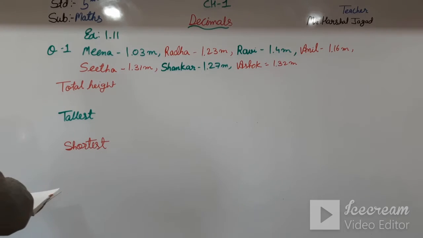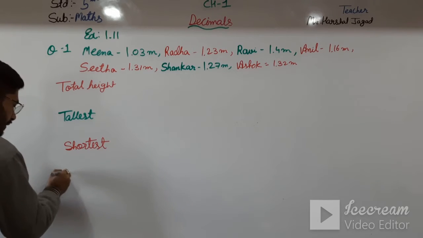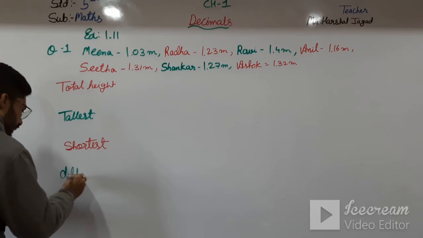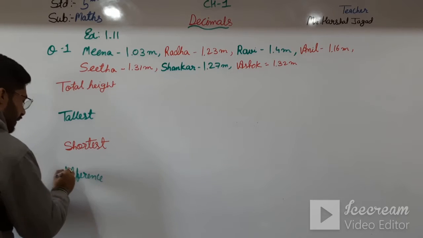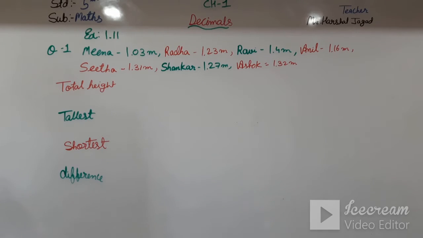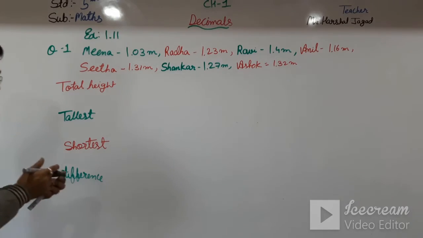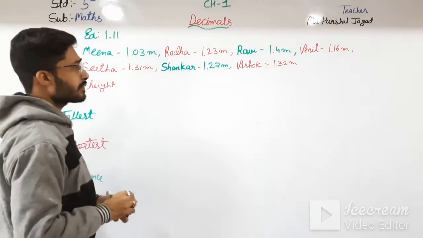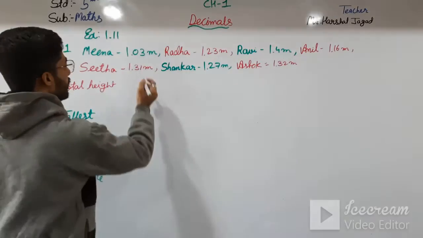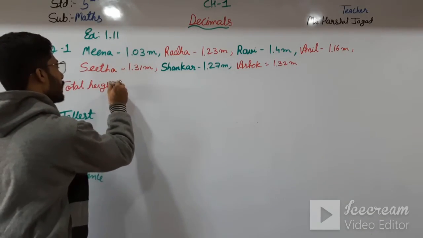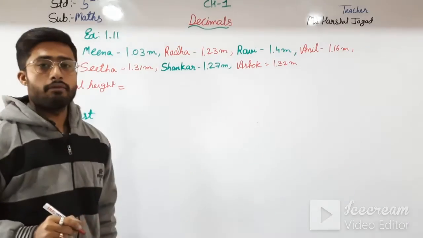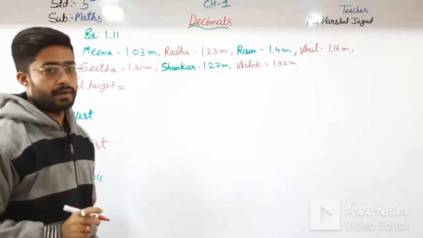Okay, and the difference between the tallest and the shortest, let us do that. So here it is given, we have to find the total height first of all.